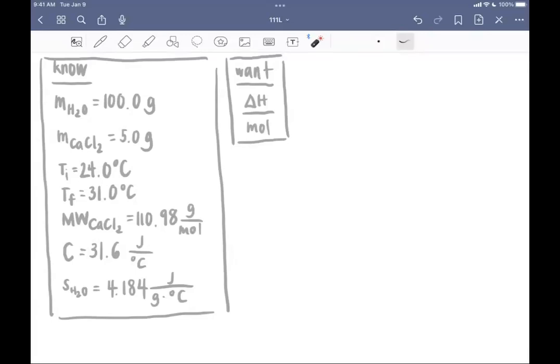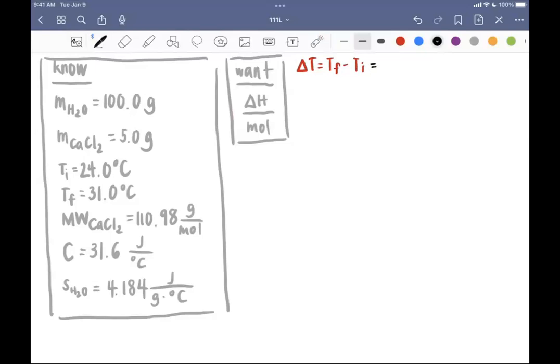Now, the first goal here, the main goal here is to determine the change in enthalpy per mole of calcium chloride for this example. And so we're going to use a few calculations to get to that point, where the first one we're going to use is to interpret this change in temperature based on the final minus the initial.